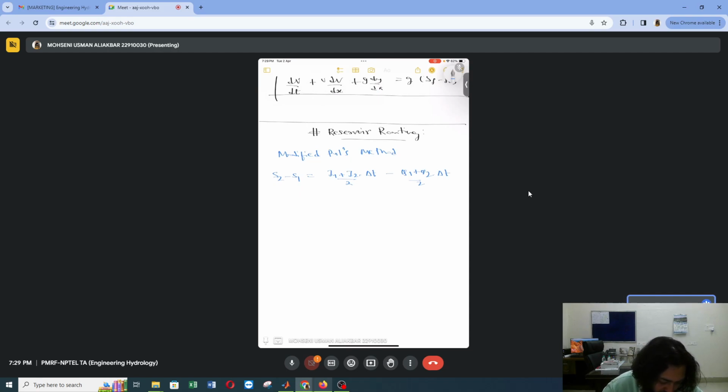So what we are going to do is arrange the terms with known values on the LHS. Whatever value is known to us, we are going to keep it on the LHS. The known values are the inflow values, and we know the storage capacity of the upstream hydrograph, right?